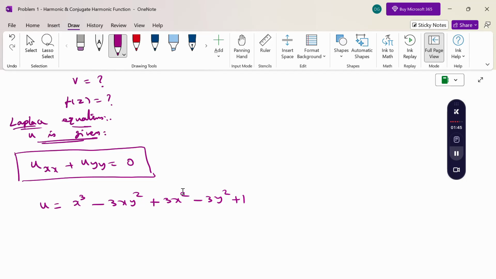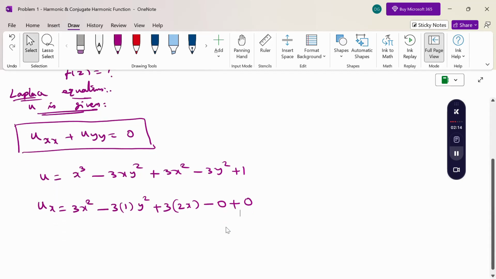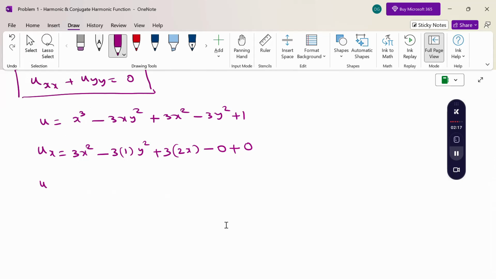First, the partial derivative of u with respect to x, ux. The differentiation of x cube is 3x square, minus 3 constant, x differentiation 1, y square constant, so in the product no change, plus 3 constant, x square differentiation 2x, minus 3y square constant, differentiation 0, plus 1 differentiation 0. Therefore, ux equals 3x square minus 3y square plus 6x.